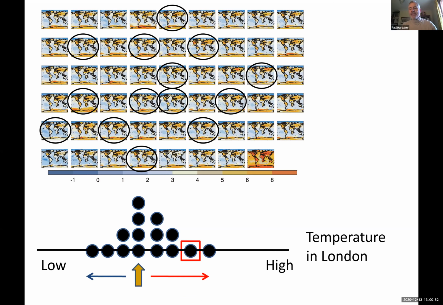So I've got a mean, the most likely, and I've got a distribution of temperature being warmer or colder than that mean. So suddenly I've got a lot of information that I can give to people about the accuracy of the forecast and how much uncertainty is sitting within the forecast.